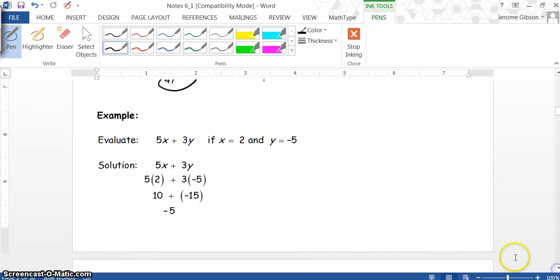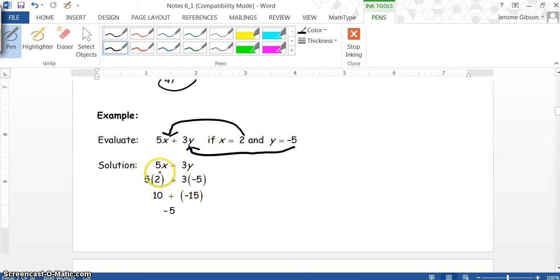Now we come to our next example. It says evaluate 5x plus 3y if x is 2 and y is negative 5. So that means that we would substitute in 2 for x and negative 5 where y appears. So now we rewrite the problem. Then we substitute in 2 for x and negative 5 for y.